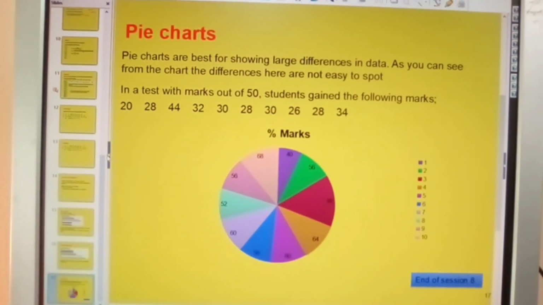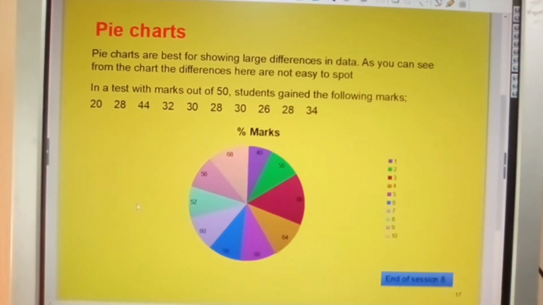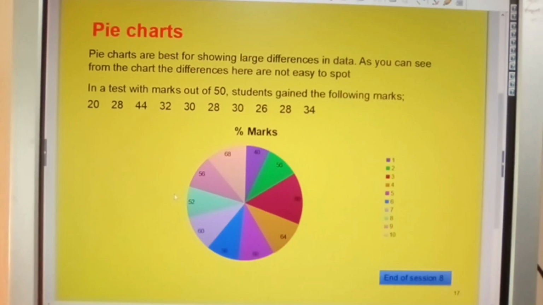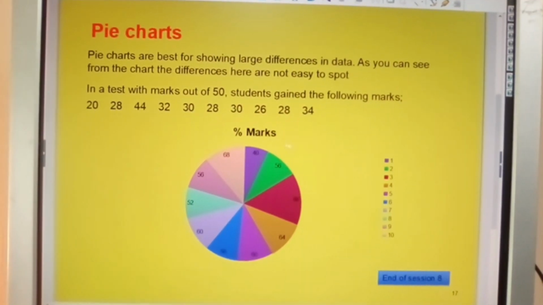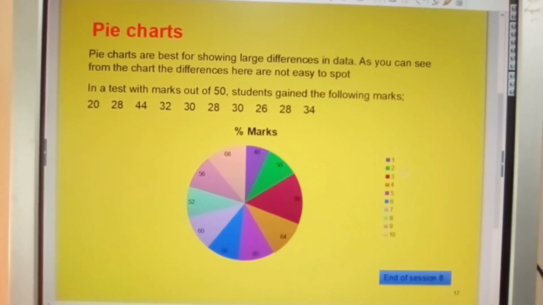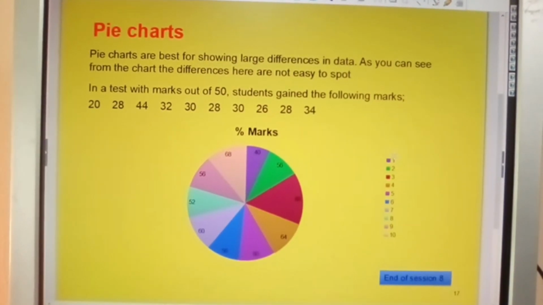Pie charts, okay. Now here again, your pie chart needs to have an index. You can see that there's an index here, but it does not give you the value of the index.